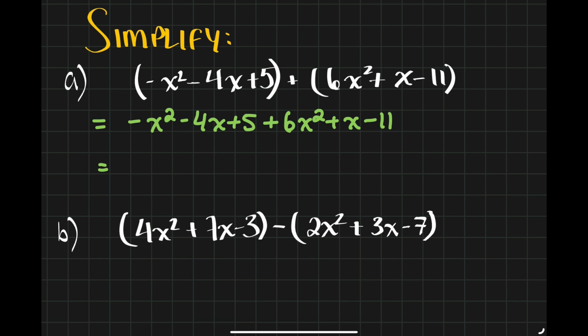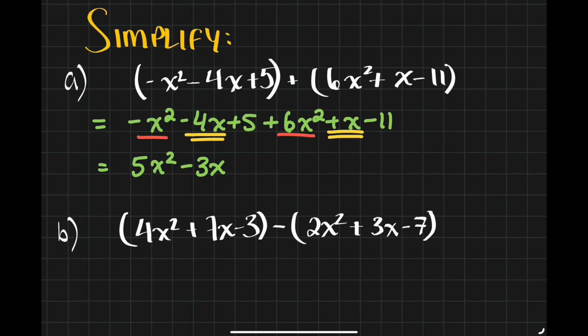In this case, once we have gotten rid of the brackets, we notice that negative x squared and 6x squared can be added together. And when you do that, you get 5x squared. Next, we have negative 4x plus x, which gives us negative 3x.